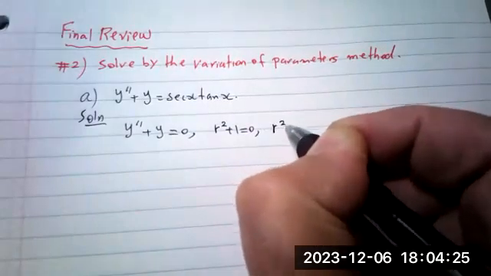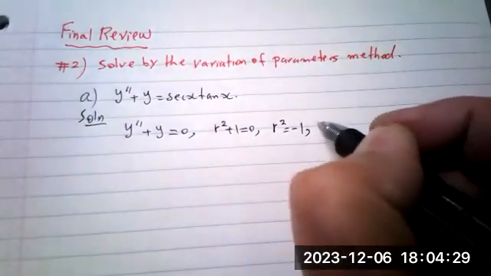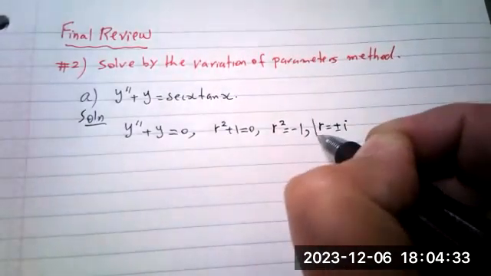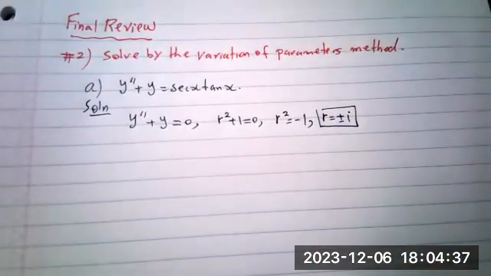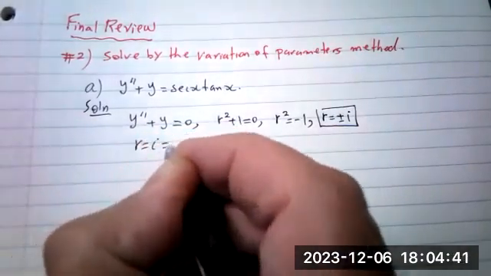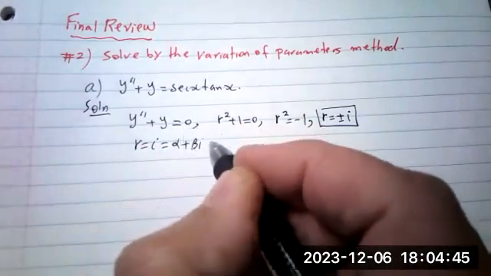So that gives you r squared equal to -1. So the solutions are going to be complex, r is positive, negative i. We pick one of them. r equal to alpha plus beta i, remember?